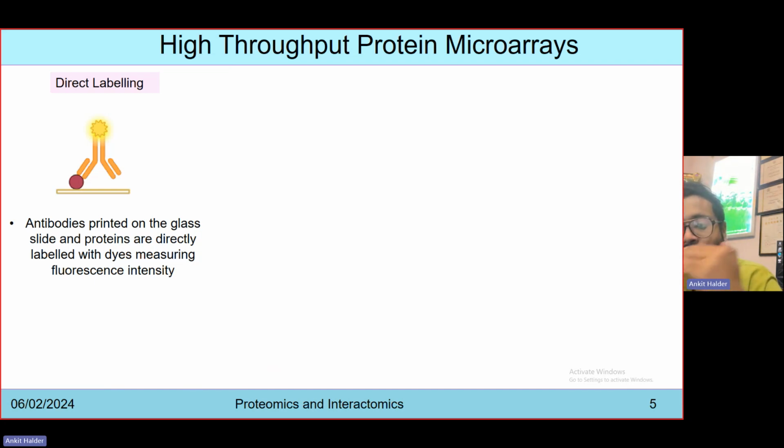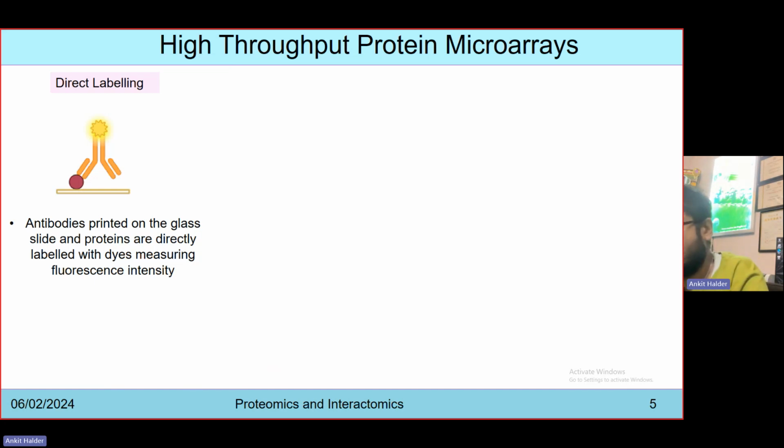So antibodies are generated and printed on the slides. Now you can understand the challenges that remain associated, of which we also spoke in the previous week. Still, this division helps us get on the same page.